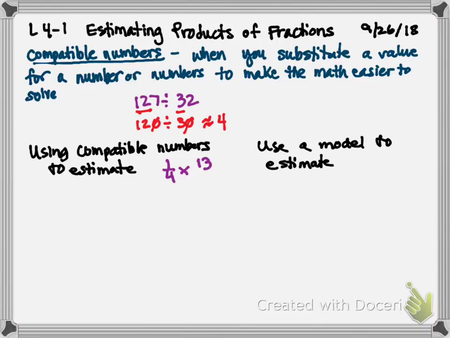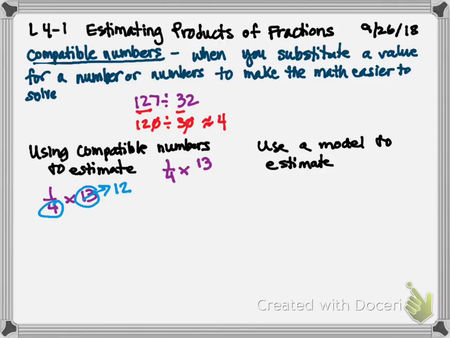4 doesn't go into 13, but guess what 4 does go into? Since this doesn't work, let's think of a number close to 13 that 4 can go into. And we just kind of think about it real simple, 4 can go into 12.